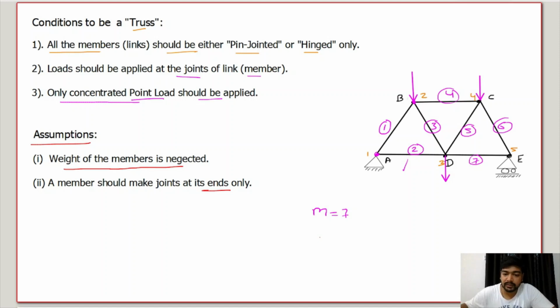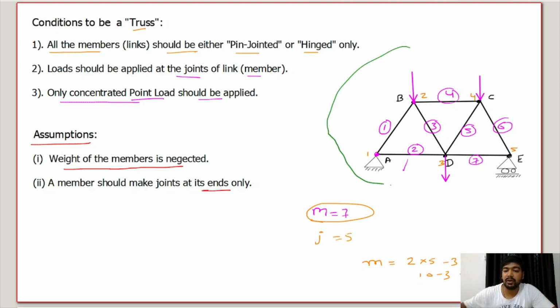It has 5 joints. So let's see for a perfect truss how many members it should have. Twice J minus 3, so this is going to be 10 minus 3 equals 7. So if this is equal to the number of members in the truss, we can say that this arrangement of truss is called a perfect truss.